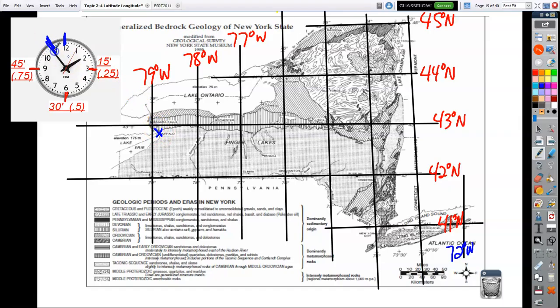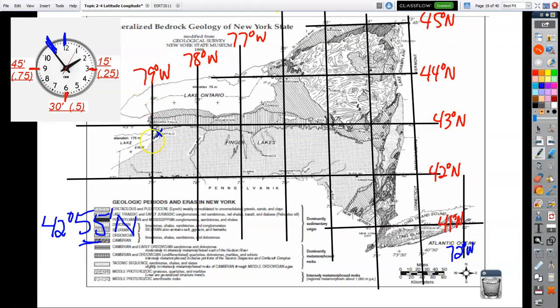How many minutes is the 11 on the minute hand? That's 55. So I might call this 42 degrees, 55 minutes north, because I'm almost to 43. Think of the clock, top of the hour, almost made it. 42 degrees, 55 minutes north. Same thing for longitude. You say, well, this is 78 west.